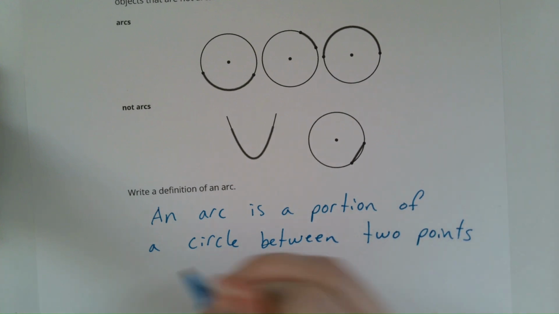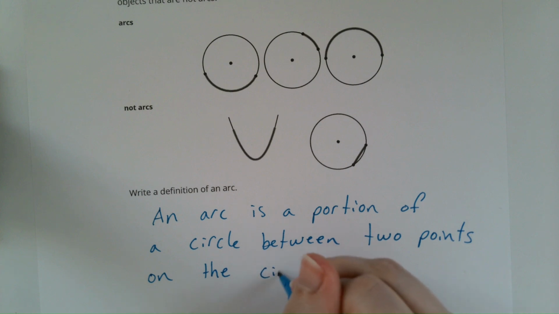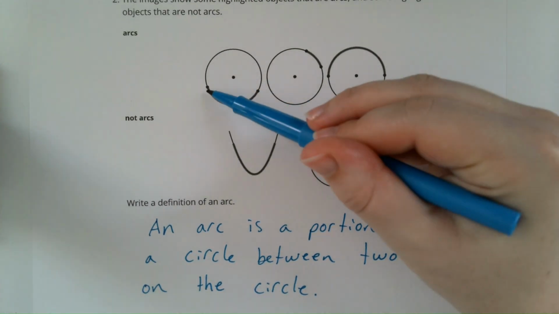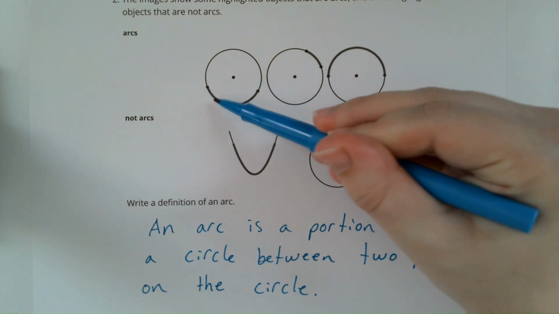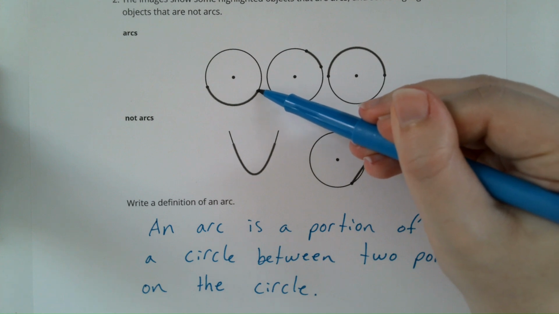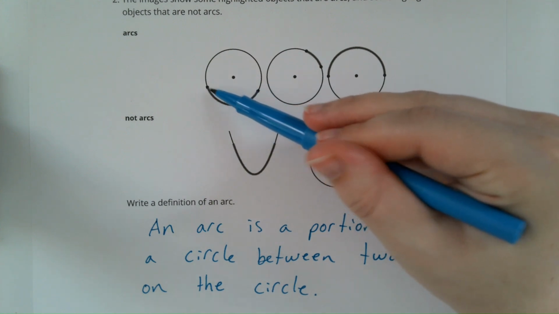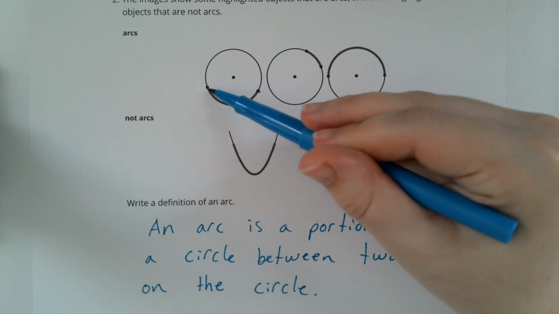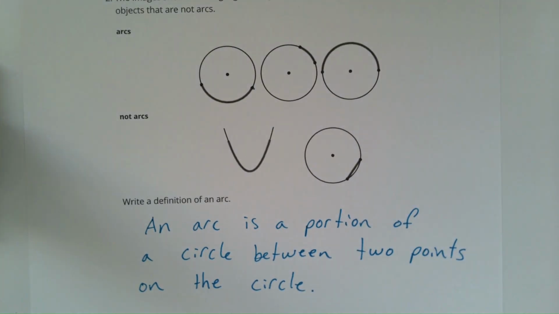So between 2 points on the circle. We can see this is just a chunk of the circle, a section of the circle with 2 points. We're determining what portion of the circle we're looking at based on the 2 points here. And same thing here, same thing here.